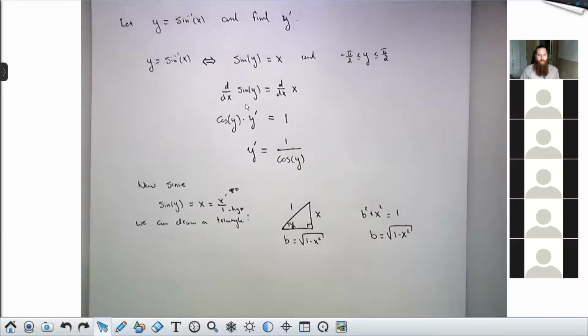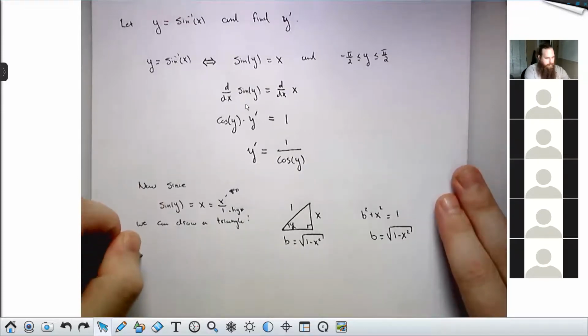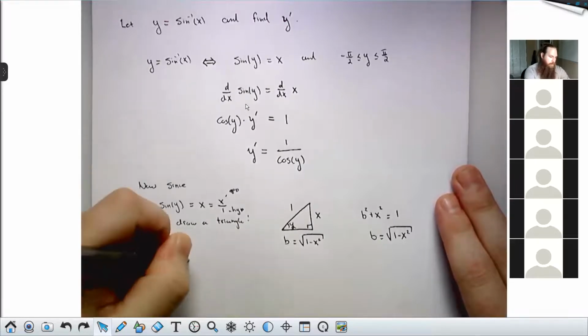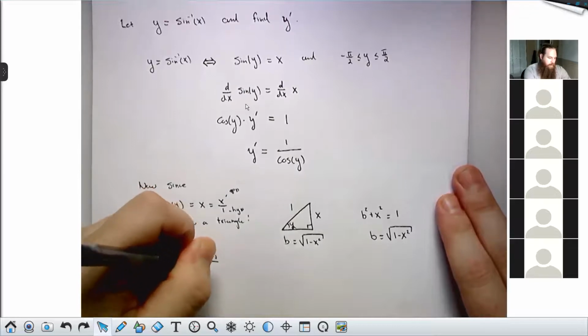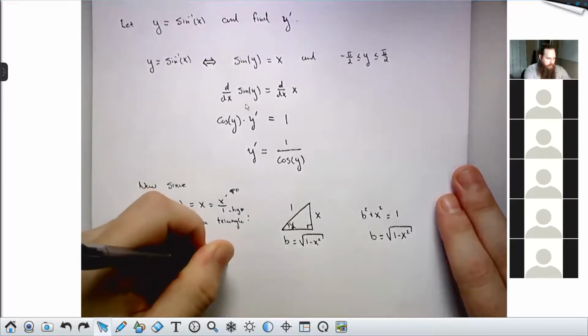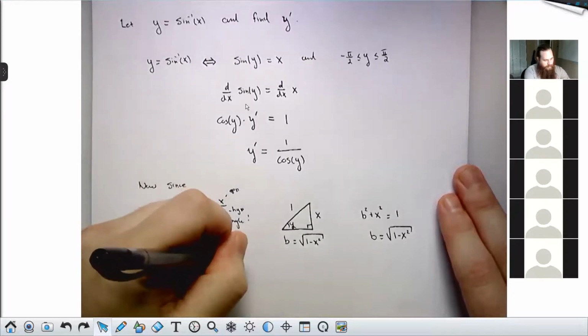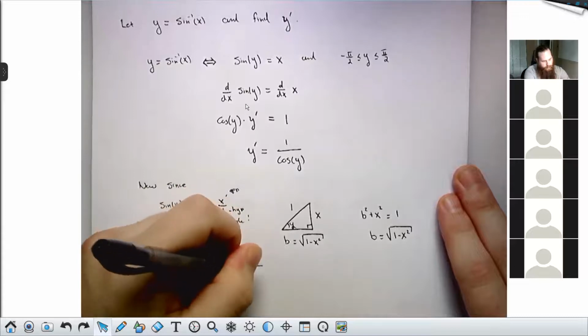So the cosine of y, which is what I have down here, is the adjacent over the hypotenuse, which is the square root of 1 minus x squared over 1.